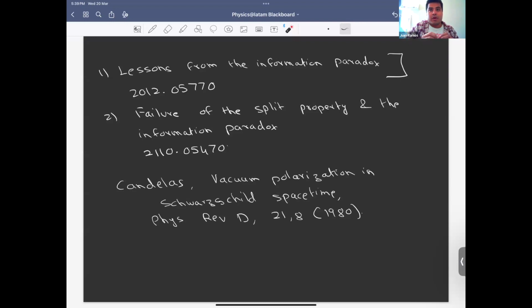Because when we computed, we took into account only the field phi outside the horizon. But how do I really understand that this is in fact radiation that comes from the inside of the black hole?